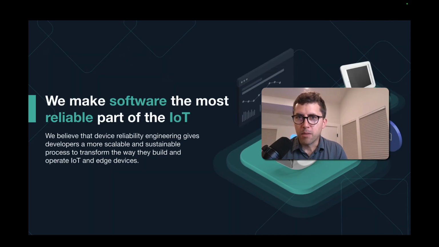Our mission at Memfault is to make software the most reliable part of IoT. We think there's no reason for devices to malfunction because of software bugs. The only valid reason for a hardware product to malfunction is when it's physically broken, when there's a hardware issue. And so we give you tools to monitor your fleet of devices, analyze how they're doing, and make sure that from one software version to another, the quality of the software improves.